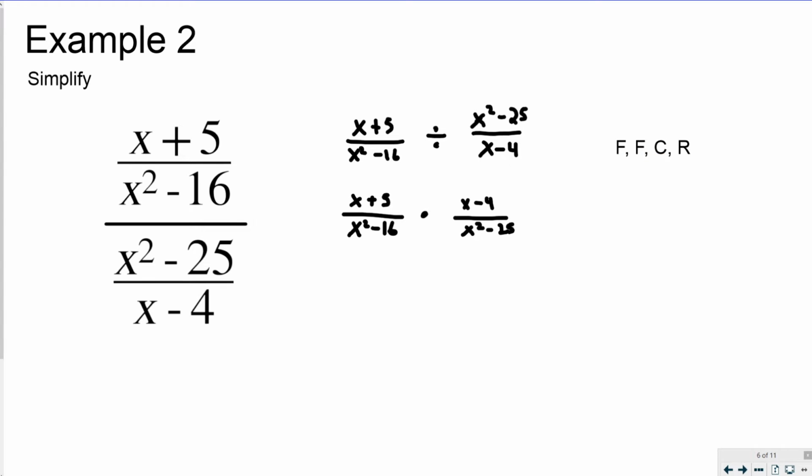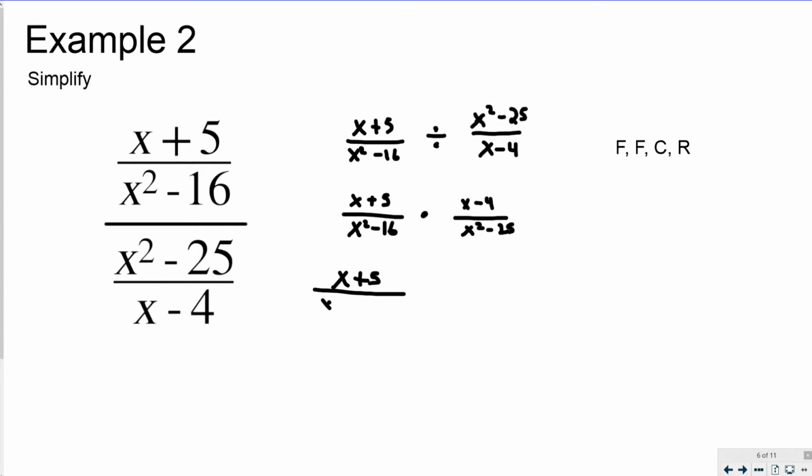Well, I already took care of the flip. So now I'm going to factor. X plus 5 is a binomial, but it definitely cannot be factored. Same with x minus 4. But x squared minus 16 can be factored because I know that it is the difference of two squares. Like x squared is a square and negative 16 is a square. So on the top, I'm going to have x plus 5.